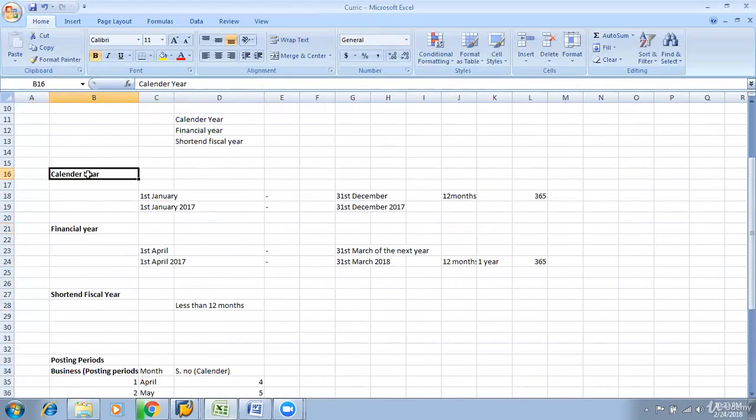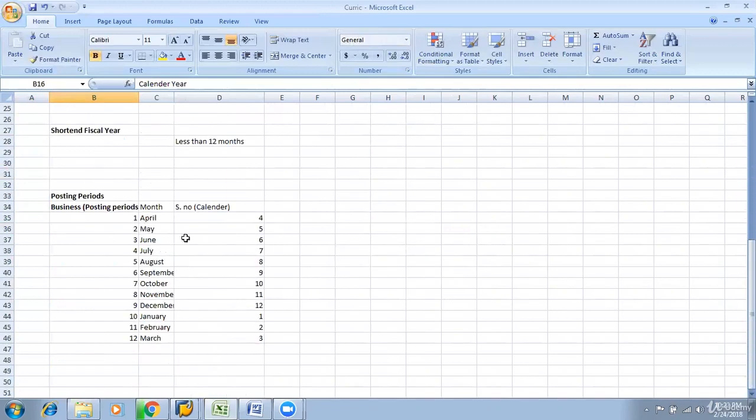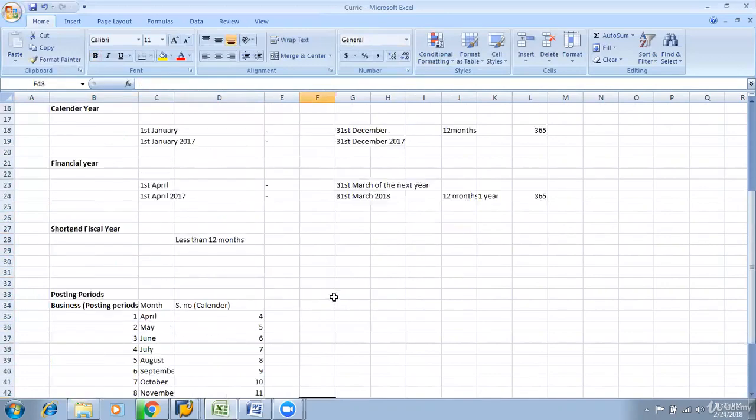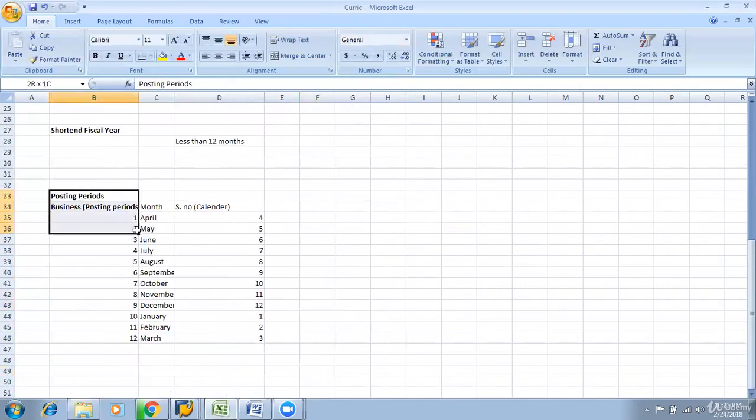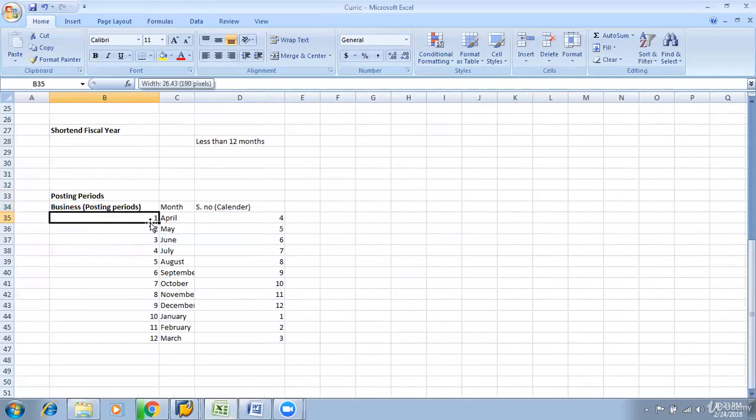What if we use calendar year in our business? So these would be the posting periods itself, correct? Right from January till December, it would be 1 to 12. So no confusion. Clear? I hope I'm clear here. Posting periods are nothing but the sequence of the months your business uses, right from the beginning till end.